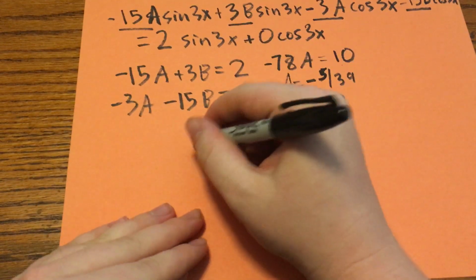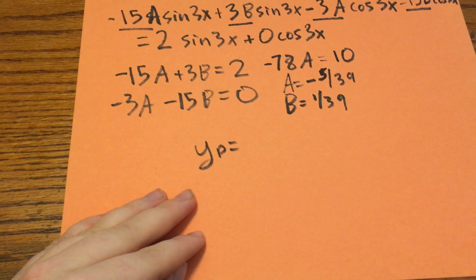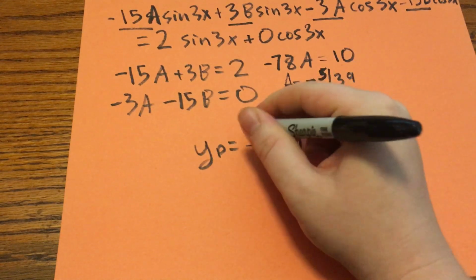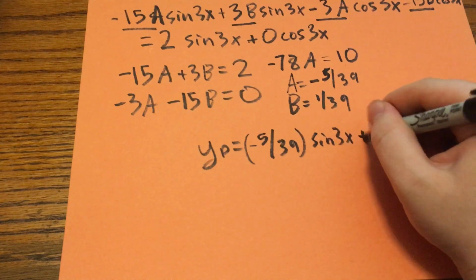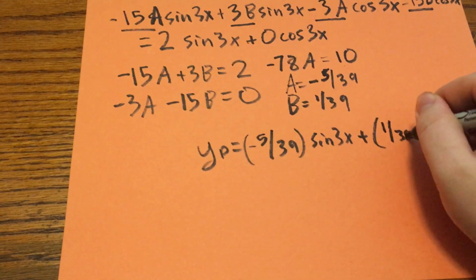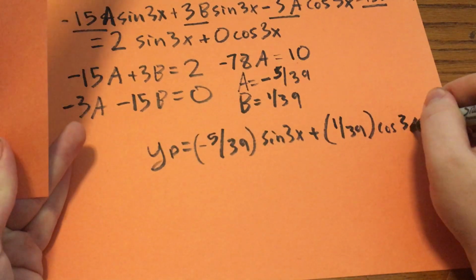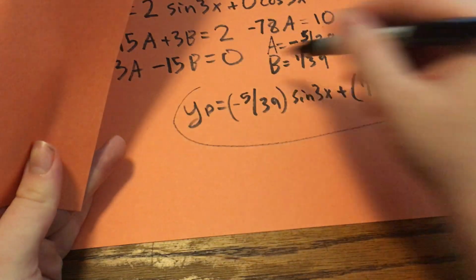So y sub p equals negative 5 over 39 sine of 3x plus 1 over 39 cosine of 3x. Now we have the particular solution.